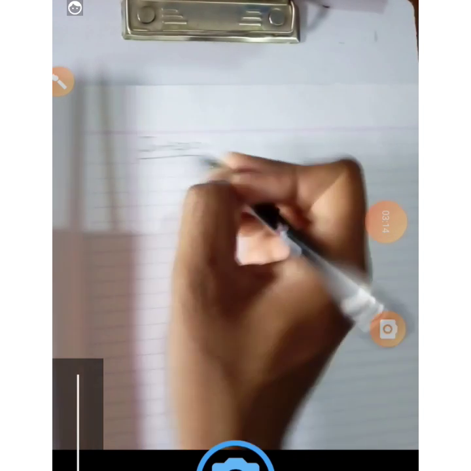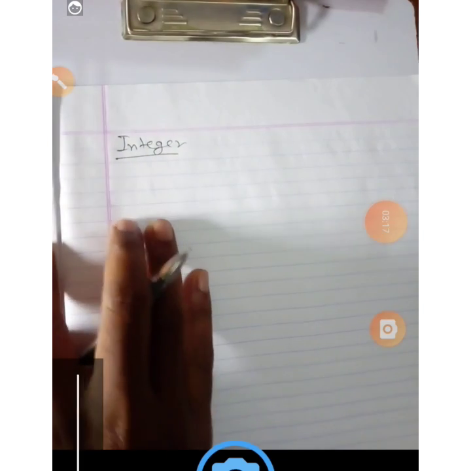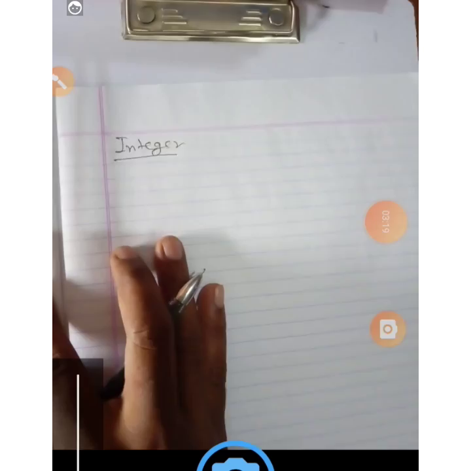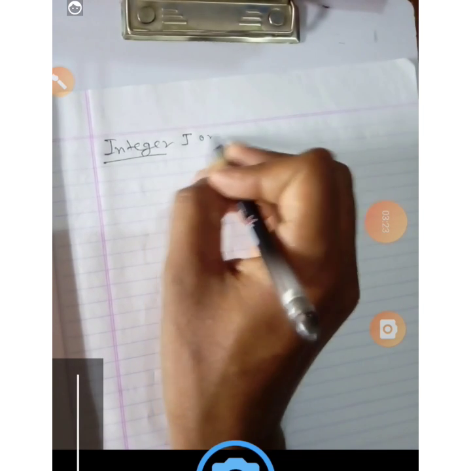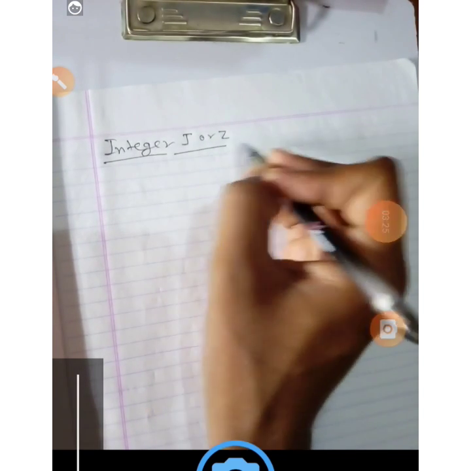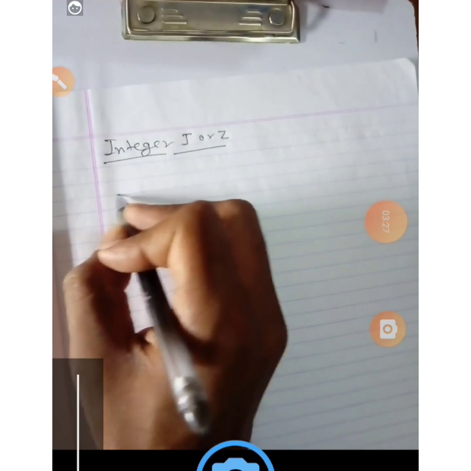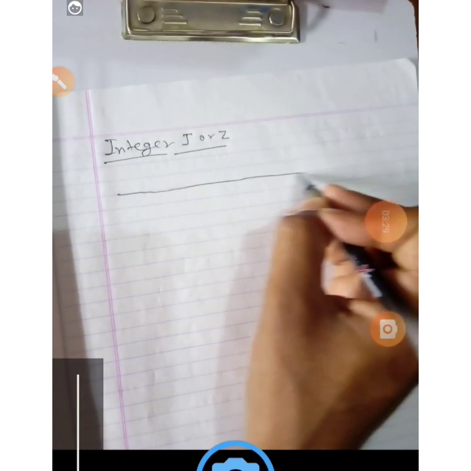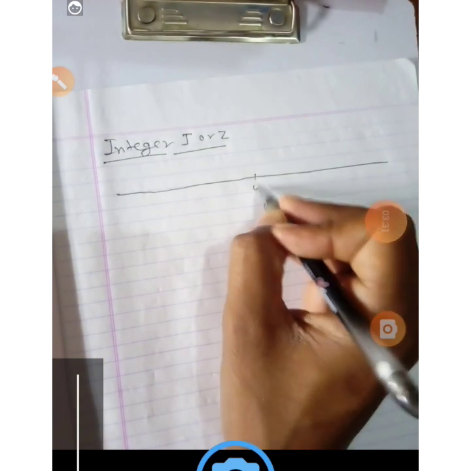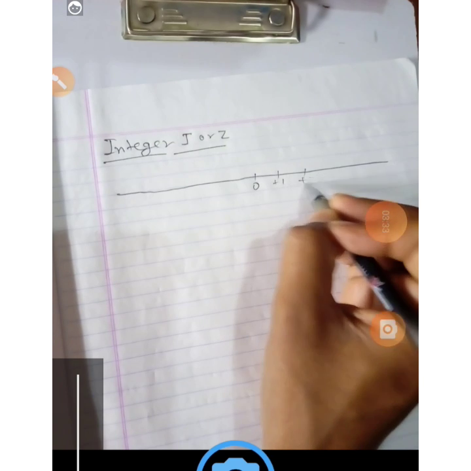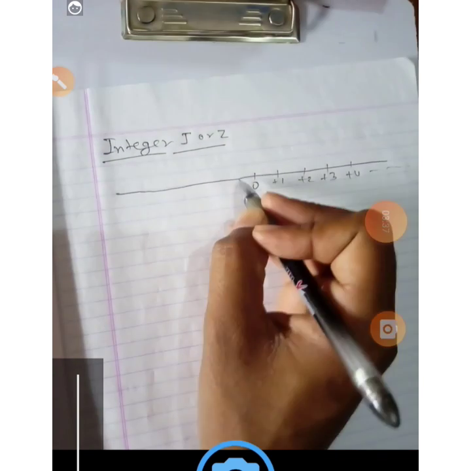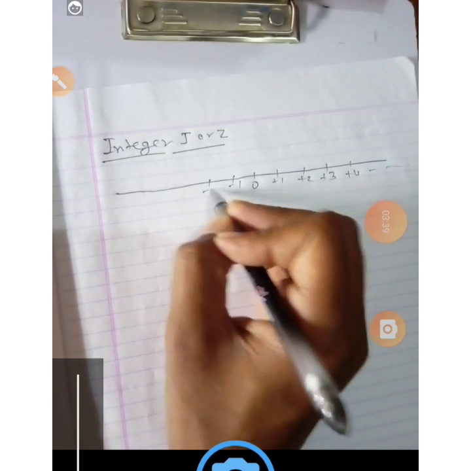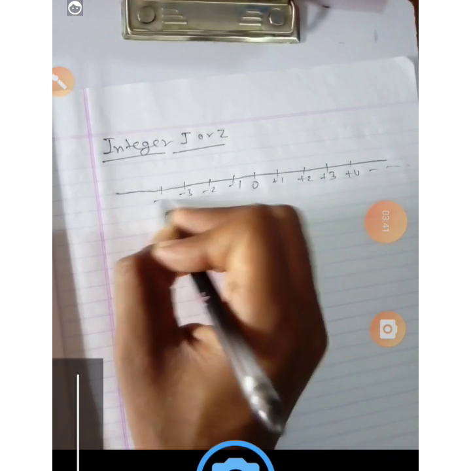An integer can be denoted by I or Z. Look at this number line: here 0, plus 1, plus 2, plus 3, plus 4, and here minus 1, minus 2, minus 3, minus 4.